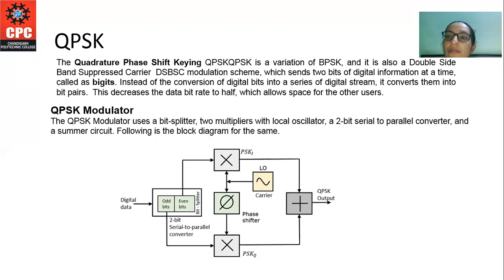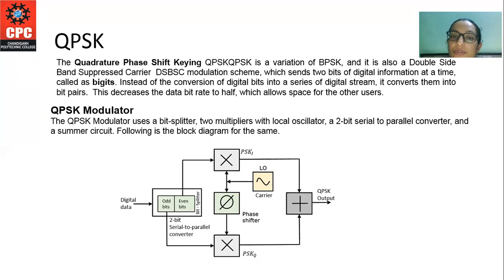Now let us start with the QPSK. It is quadrature phase shift keying. It is a variation of BPSK, and it is also a double sideband suppressed carrier modulation scheme, which sends 2 bits of digital information at a time, called dibits.